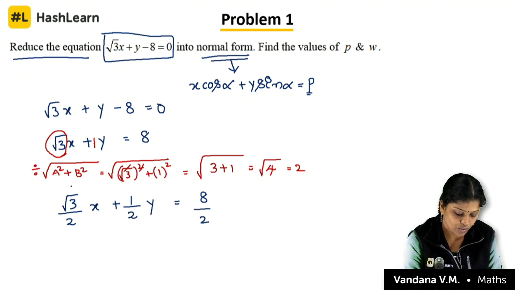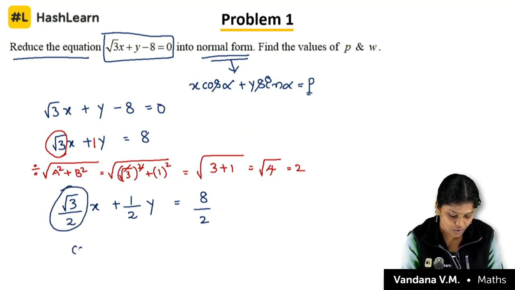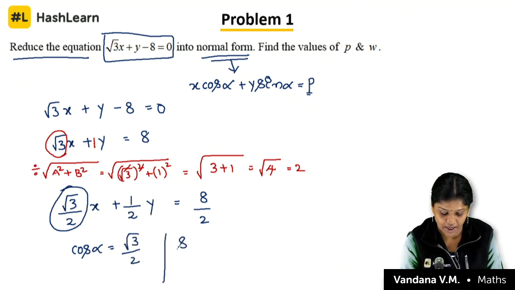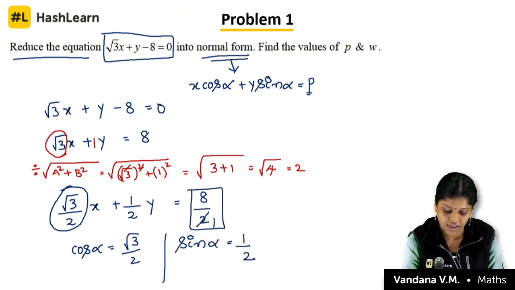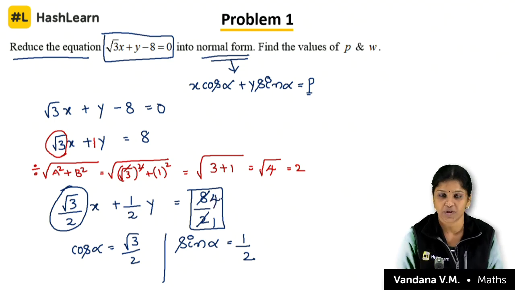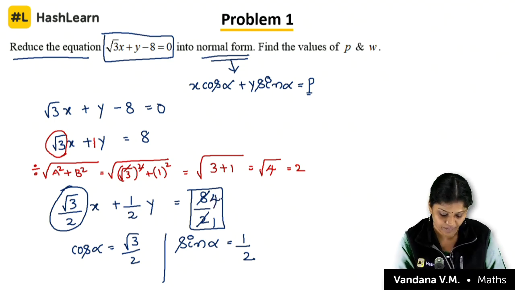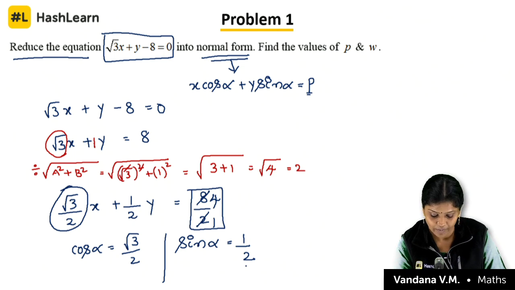Now, what did I tell you? This gives you cos alpha. What is cos alpha? Root 3 by 2. This gives you sin alpha. Sin alpha is 1 by 2. What is your p? 2 ones are 2, 2 fours are 8, so p is 4. It is positive only, so no need to change. Where will I get 1 by 2 in sin? Yes, it is 30 degrees.